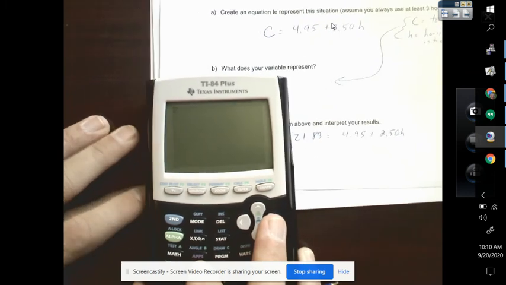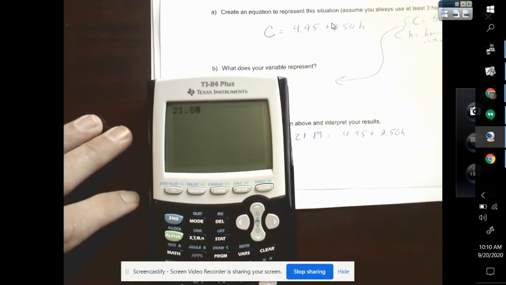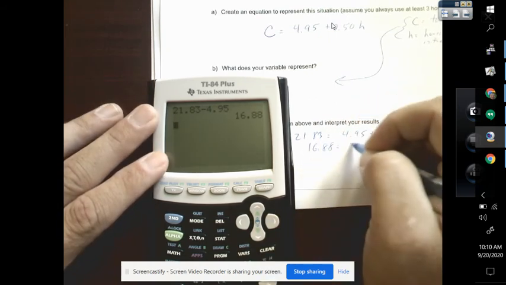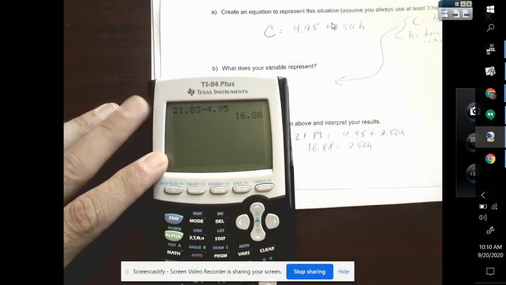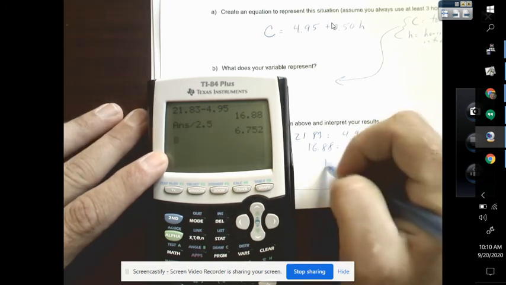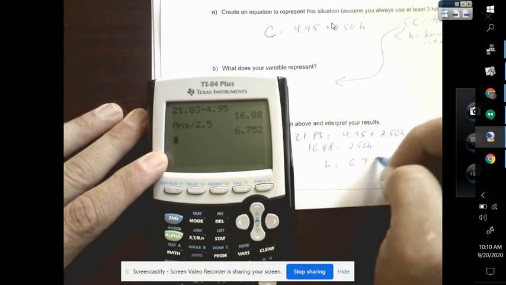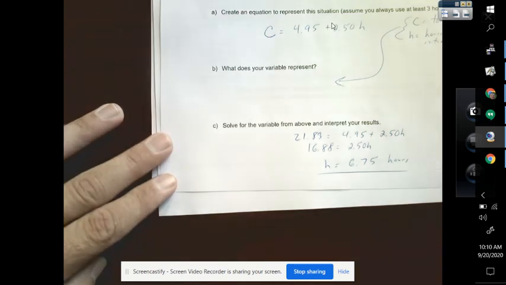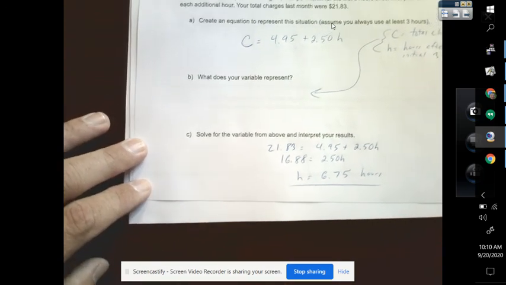Okay, 21.83 minus 4.95. So we get 16.88 equals 2.50H. Divide that by 2.5. 6.75 hours.